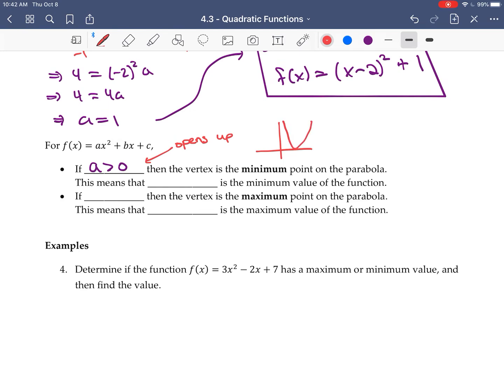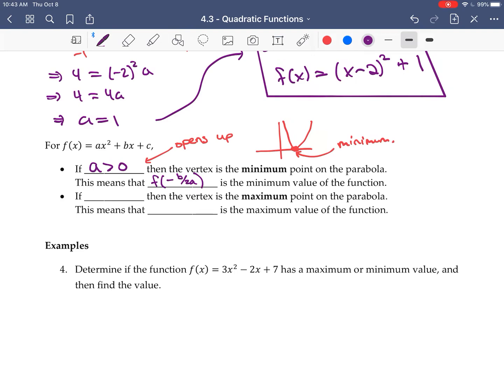That means the vertex here is going to be a minimum, a relative minimum for the parabola. The minimums are always the y values, so the y value of the vertex is f of the x value. That's going to be the minimum value of the function.